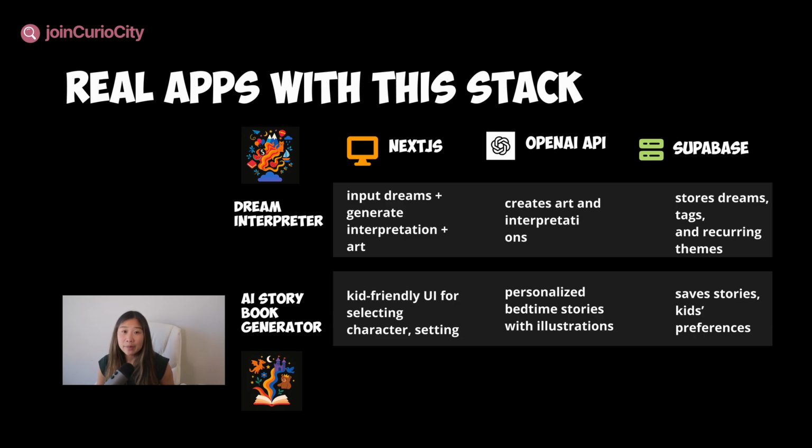It gives you all the building blocks, front end, back end, database, authentication, so you can get from idea to live application fast, no matter what it is that you are building. So how exactly does it all come together? Let's look at each component of the tech stack, Next.js, Supabase, and Vercel, one at a time.